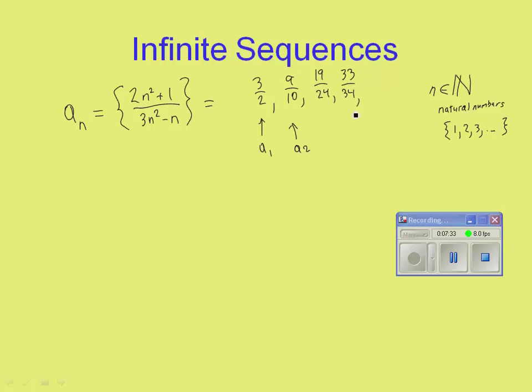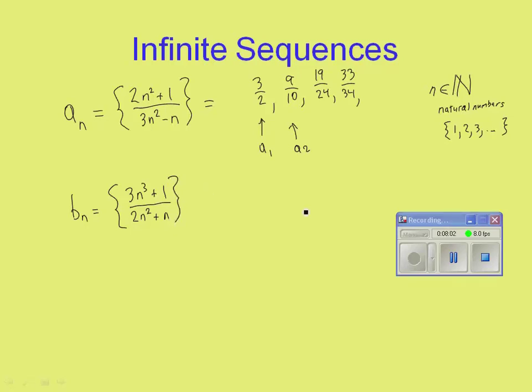Okay, if you can go that far, we're at many for sure. Okay, so let's write another sequence down. Let's write b sub n is this sequence, 3n cubed plus 1 over 2n squared plus n.